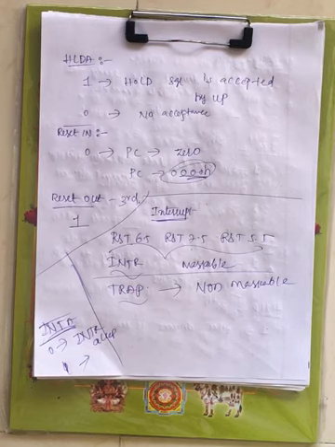Once trap is generated, you won't be able to disable it, so it is non-maskable. INTA bar indicates interrupt acknowledgement, which is acceptance. Since it is bar, 0 indicates the interrupt is accepted by the processor, and 1 indicates it is not accepted.